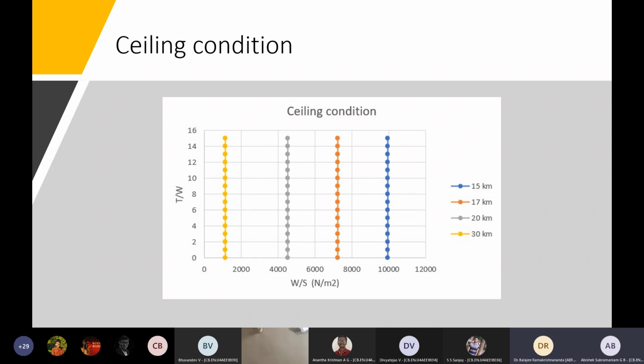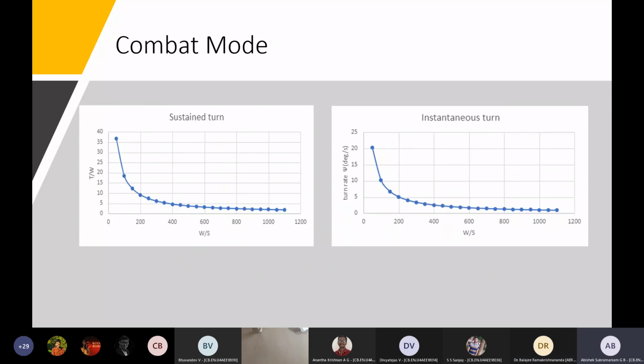Yes, sir, the velocity will slightly change. Initially it will be 1303, but since the altitude is very high, it will change to 1121. Okay, so you assume the same Mach number, but velocity will change. We considered that. And we found that 30 kilometers was our perfect cruise altitude, and these are the graphs that we got for sustained turn rates.